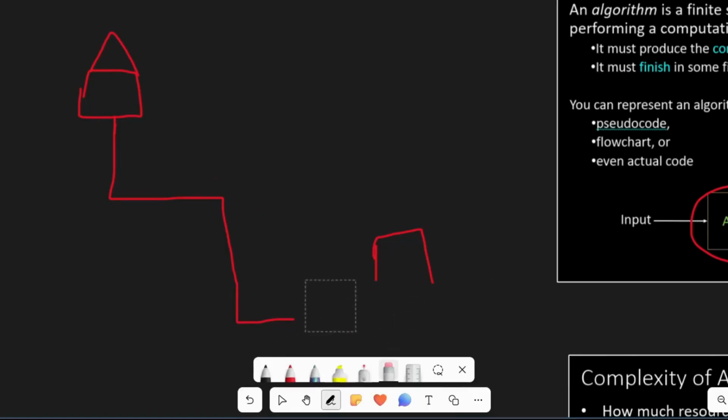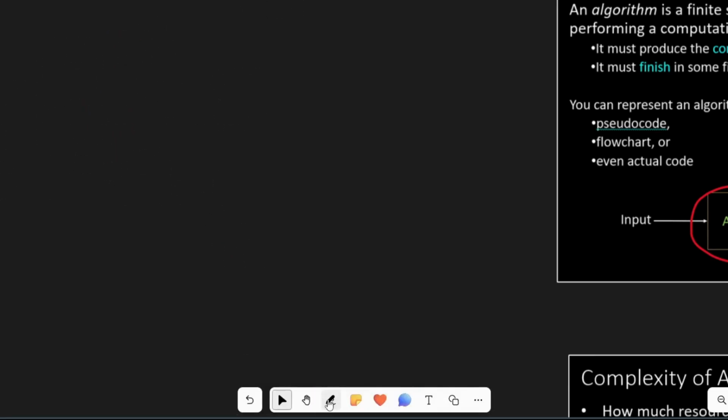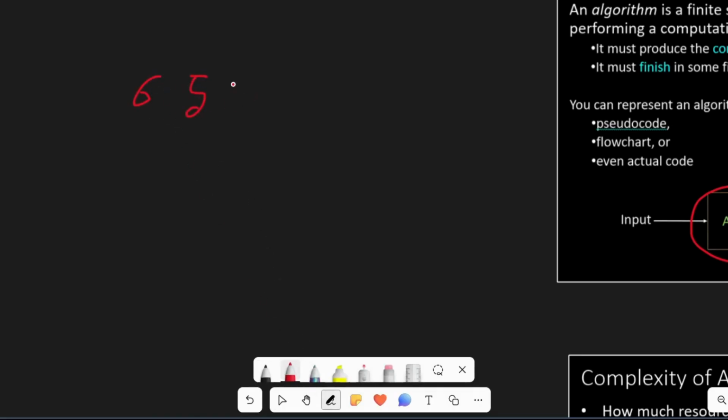If you talk about a precise code, then you can talk about this. For sorting, let's say 6 5 1 2 3. For sorting, you check one by one, then sort it, or you can do insertion sort.